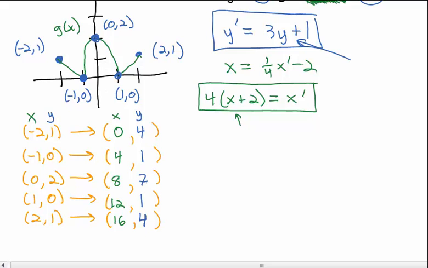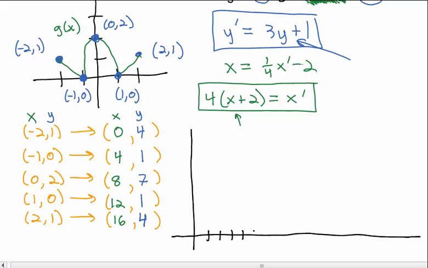Notice the x's are going to have to get really big. Everything's in the positive range. So x is 1, 2, 3, 4, 5, 6, 7, 8, 9, 10, 11, 12, 13, 14, 15, 16. We're going way out there. The y's are going to have to go up as high as 7.